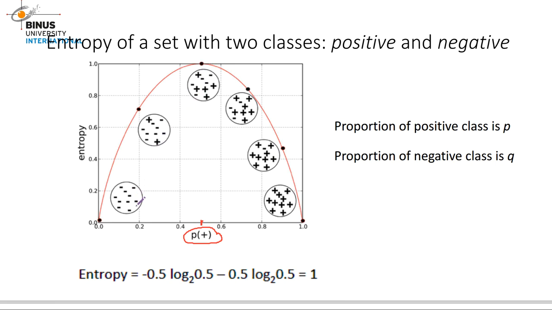This is the highest point. Here, the probability of class positive is 0 because there is no more positive data. This one is 1. What happens if all your data have a positive label? That means your entropy is also 0.